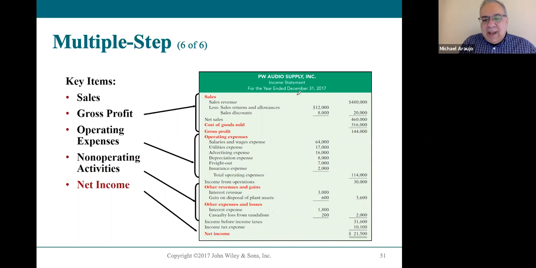So again, even when you look at PW Audio, their main business created 460 in sales, 144 in gross profit, $30,000 from running the main business. But they have other things that they're doing that created a little bit more of a profit, right? Because this is their original profit, 30,000.